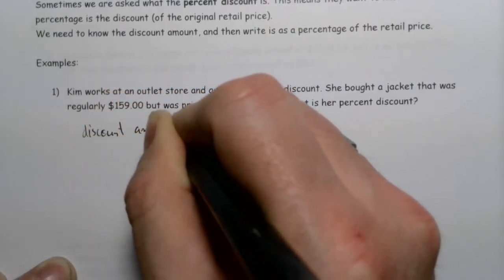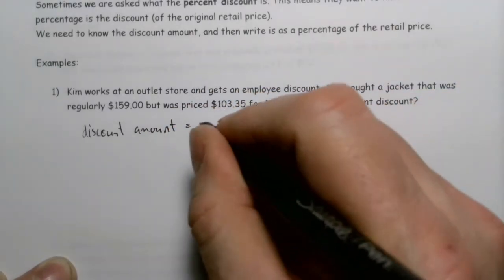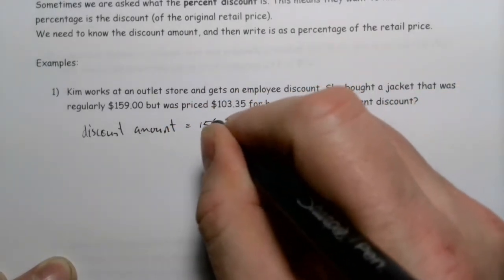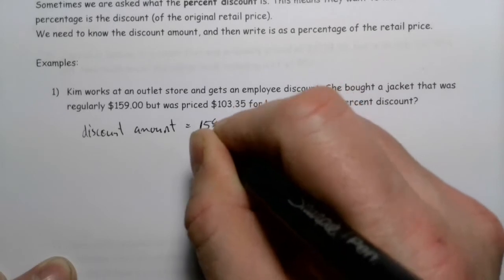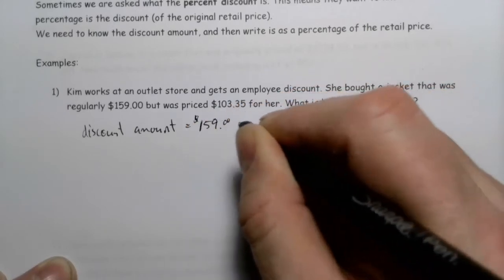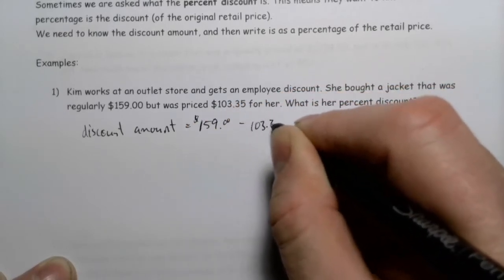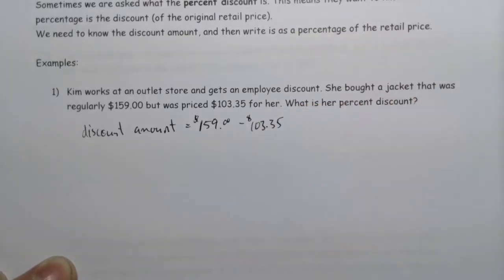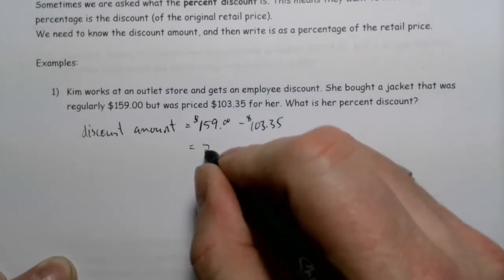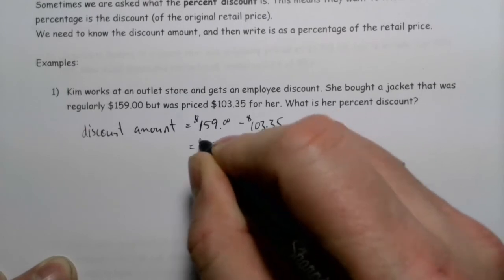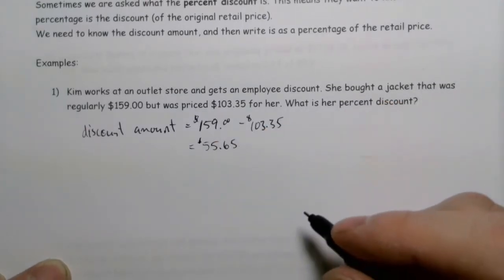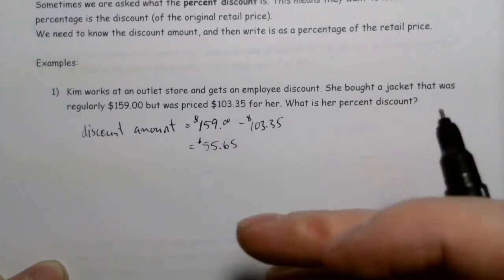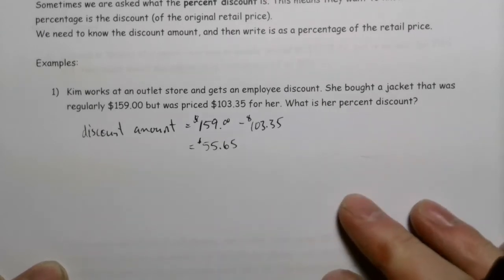That's how much it's supposed to be, $159, minus how much she actually spent. Doing this on my calculator off to the side, $159 minus $103.35. She got $55.65 taken off the price here.